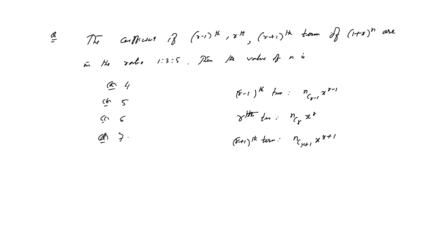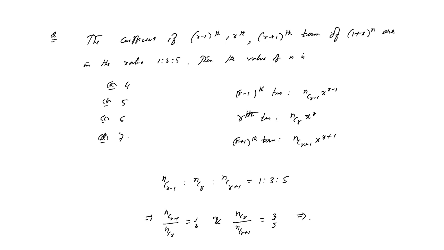So the coefficient ratio is NC r minus 1 to NCr to NC r plus 1, which is 1 is to 3 is to 5. So we can write that NC r minus 1 by NCr is 1/3, and NCr by NC r plus 1 is 3/5.